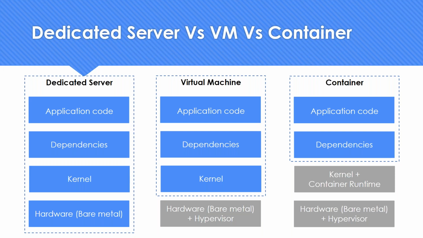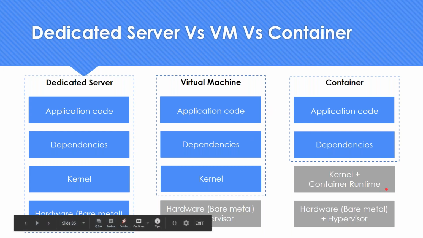It could be outside the house, inside, or inside a refrigerator, but the stuff is going to be preserved as is, because everything is packaged there. So this is where the entire concept of containers came into the picture. Basically, you just need to have a container runtime. That's it.